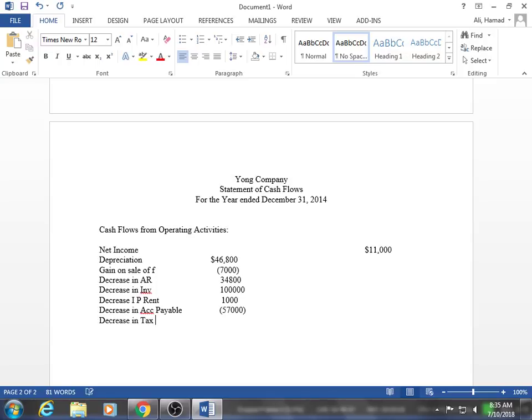We're not separating the assets from the liabilities on the sheet. You put all of them in one shebang, current assets and current liabilities. How much is that decrease? Taxes payable, $3,000. Yes, sir. Okay.